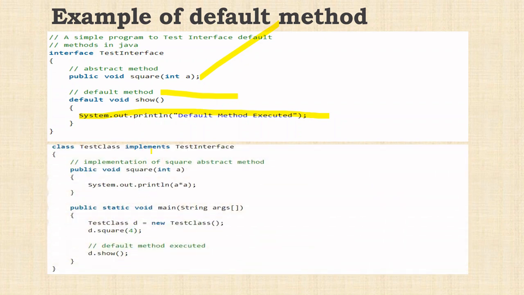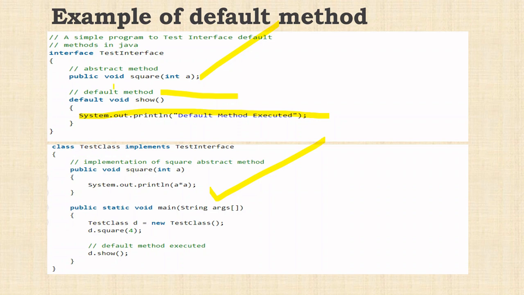I have implemented this Test interface in this Test class. Here square is an abstract method, and we have provided the implementation for this square method in the Test class. We take a and return a into a, calculating the square.